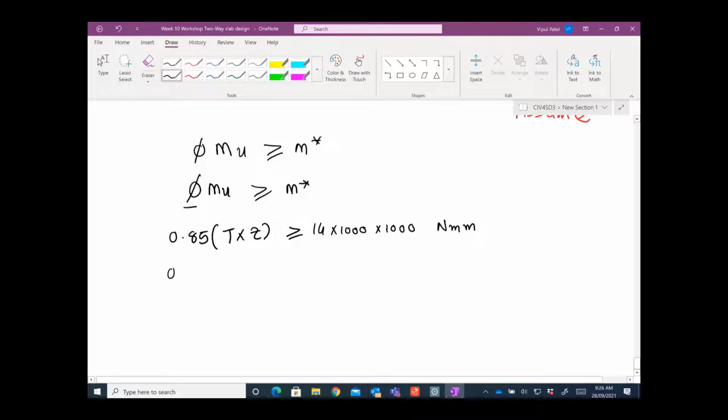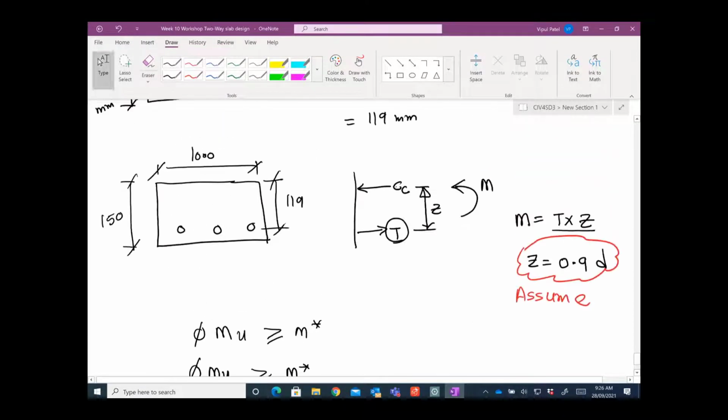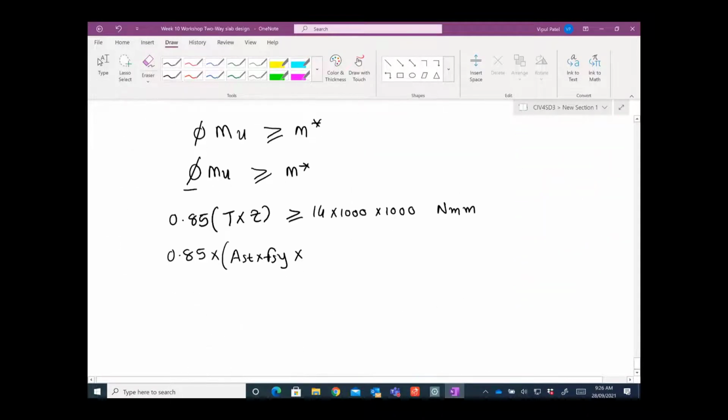Now 0.85 times the tension force, which is AST times FSY, because when you take this 0.9D, I'm sure this steel will be yielded for sure. That is 100% sure. And 0.9D, that is your Z, greater than or equal to 14 times 1000 times 1000.